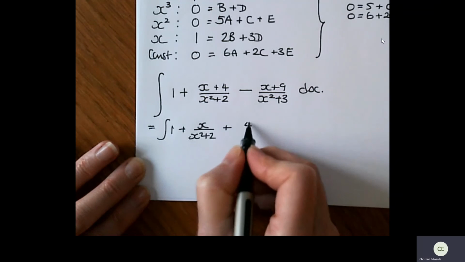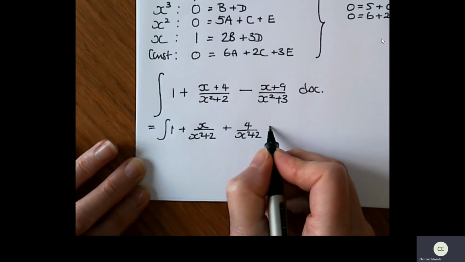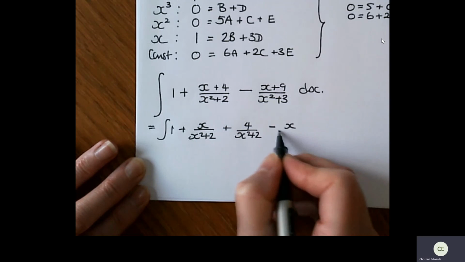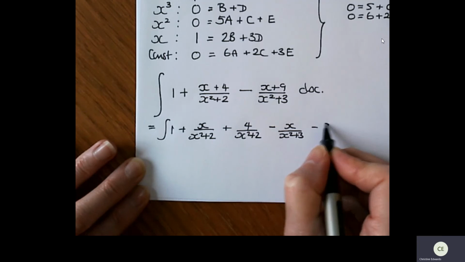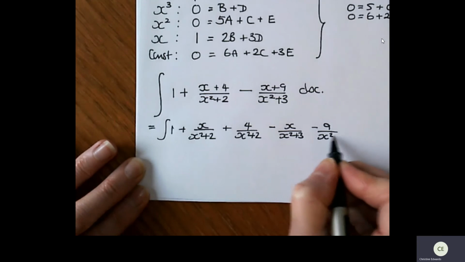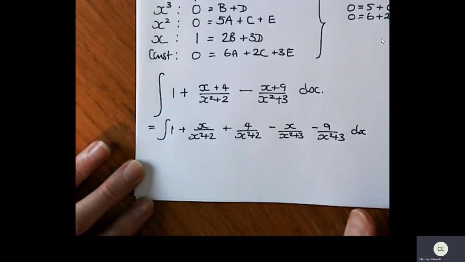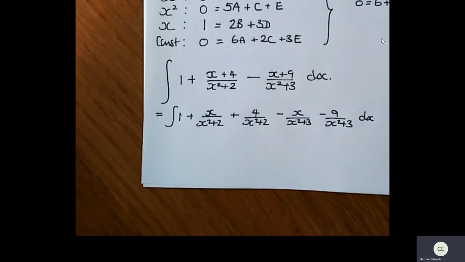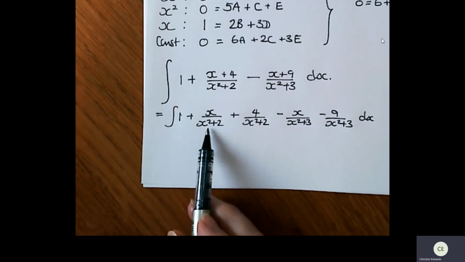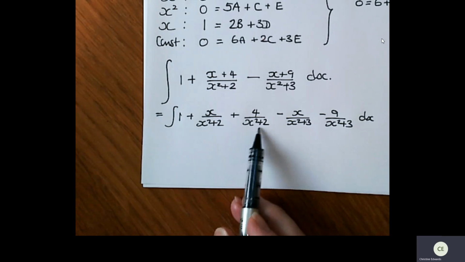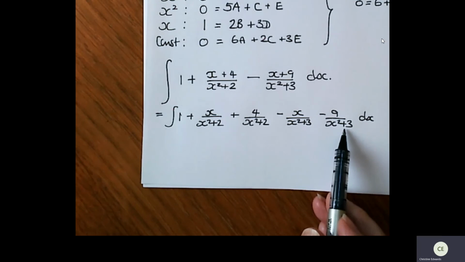We have 4 over x squared plus 2, minus x over x squared plus 3, minus 9 over x squared plus 3. So I can work my way through. That will go to x. That will give me a log. That's in the form of an arctan, a log, and an arctan.